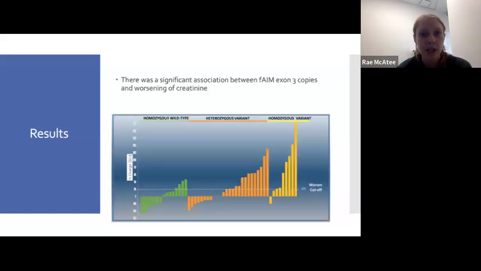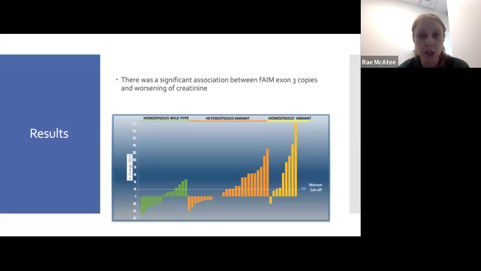And so for the results, there was a significant association between the AIM exon 3 copies and worsening of creatinine. And so I really liked this figure, how it shows the dashed line is the 20% cutoff, and you can see a few of the cats were progressive with the homozygous wild type.